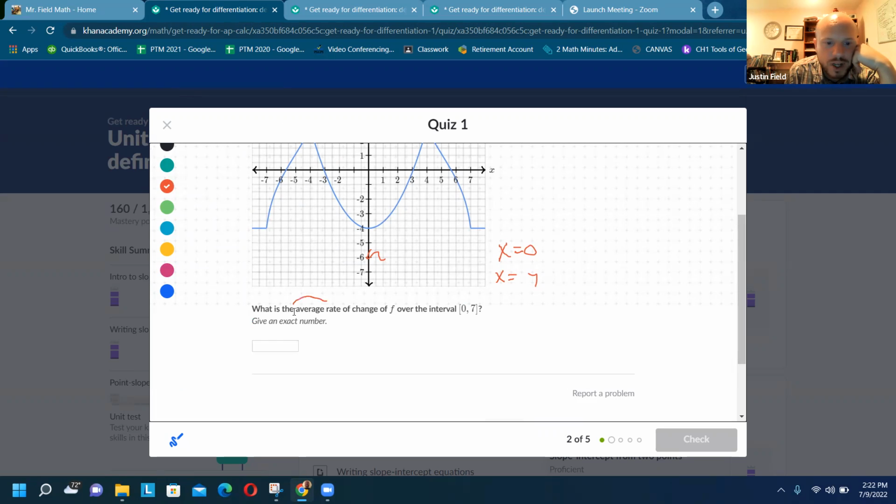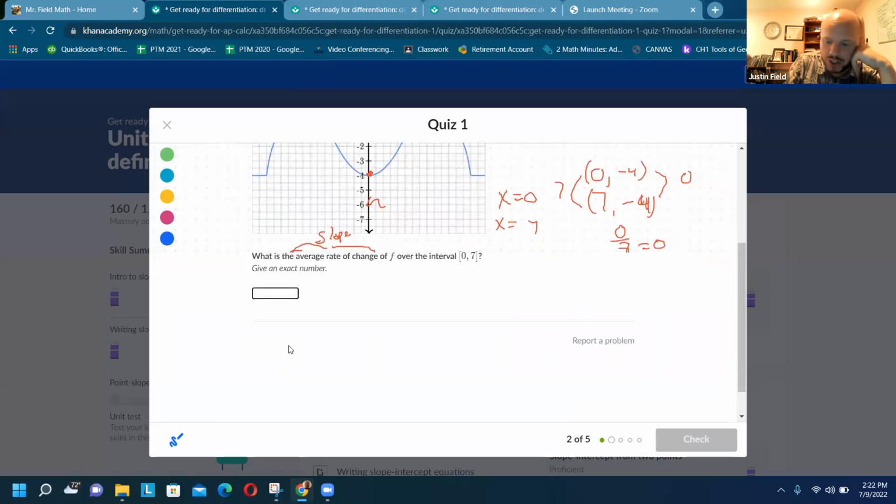The average rate of change, that's the slope. So 0 is 0, negative 4, and 7 is also 7, negative 4. Using my quick way, we would add 7 over here and we would add 0 on this side. So slope is 0 over 7, which is just 0. Average rate of change, 0.